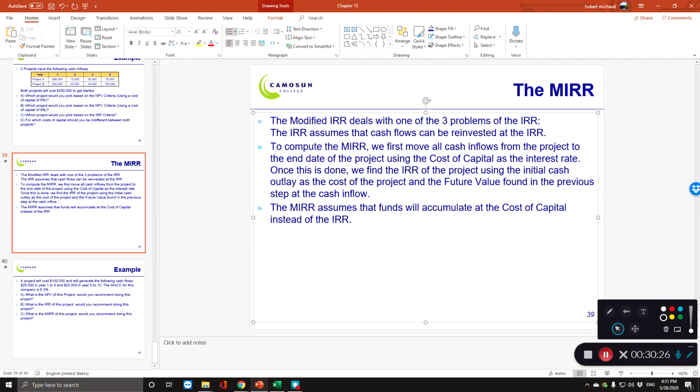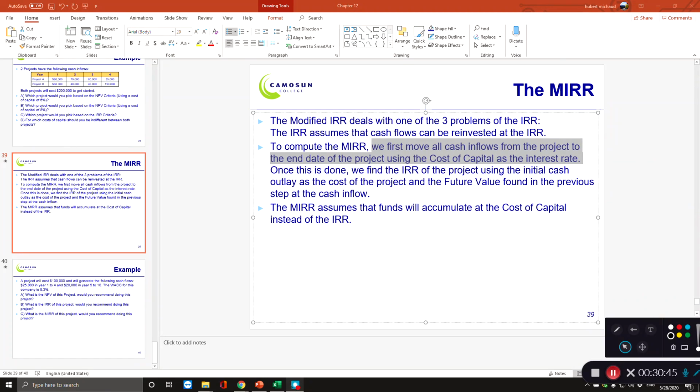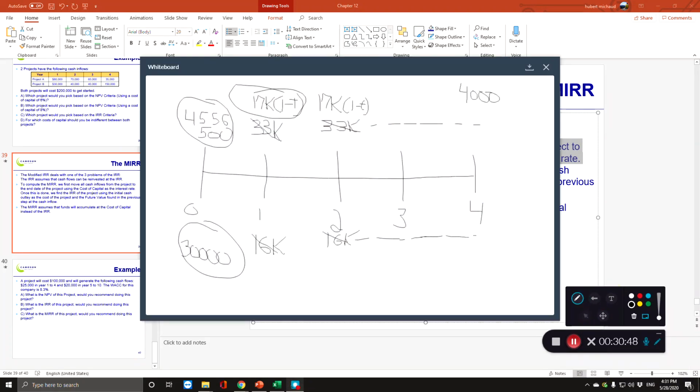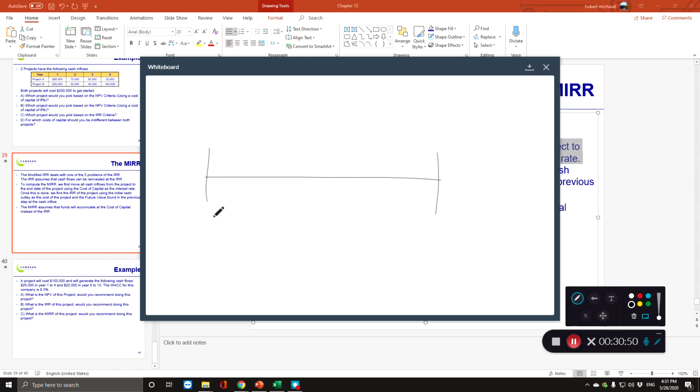To compute the MIRR, we basically do the same thing we would do to calculate the IRR. But before we calculate the IRR, we're going to move all of the cash inflows from the project to the end date of the project. So imagine you have a project that costs, I don't know, $30,000 initially, and it generates $15,000 per year for 4 years.